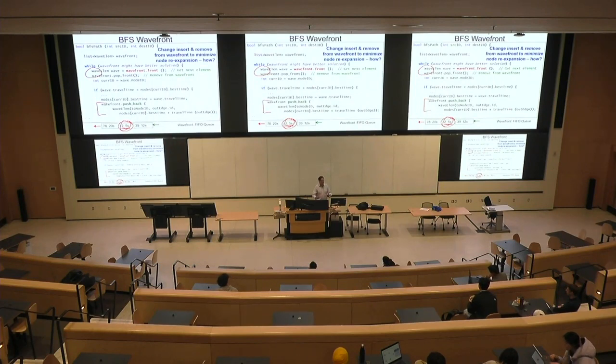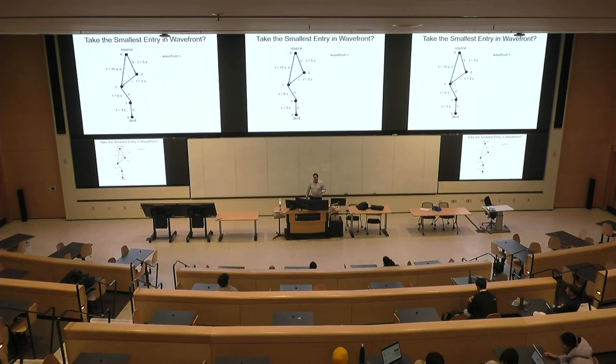So this is a more organized way to proceed. So we want to take the smallest item out of our wavefront, not the smallest node, but the smallest travel time. If we didn't have turn penalties, and we put turn penalties in this to make it a bit more challenging, it would completely eliminate re-expansion. With turn penalties, we could still get a bit.